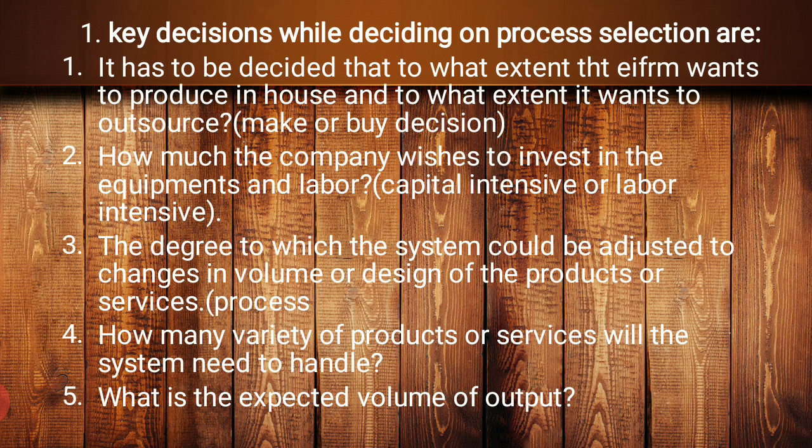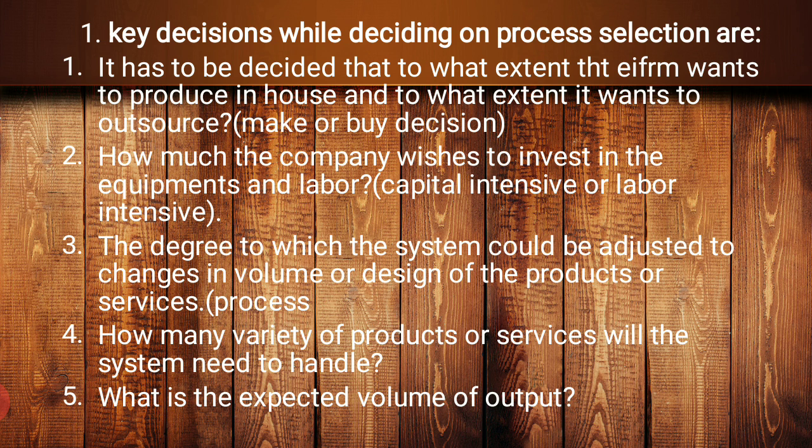The third question they need to answer is the degree to which the system could be adjusted to changes in the volume or design of the product. That means how much process flexibility they want, right? How much they want the process or the system to adjust to volume. Suppose initially my unit has a demand of 200 units at the end of the month.